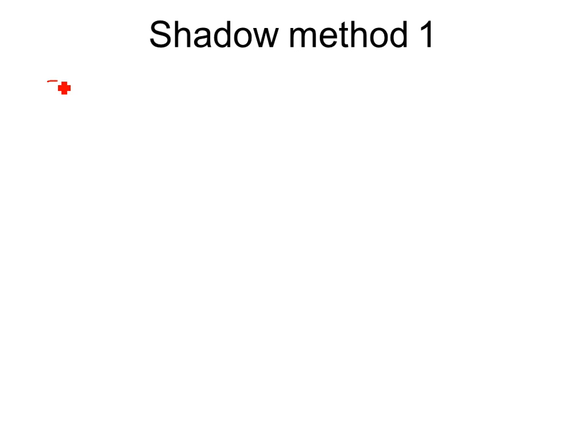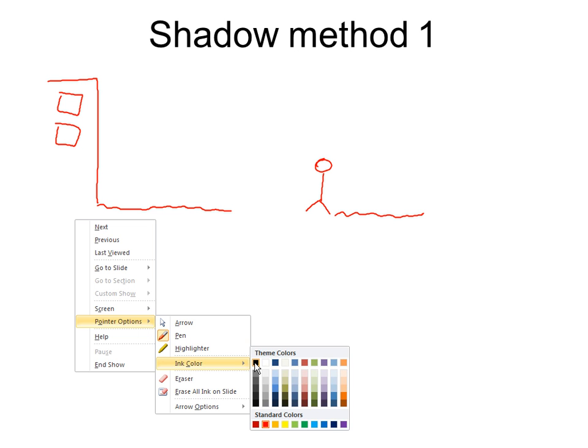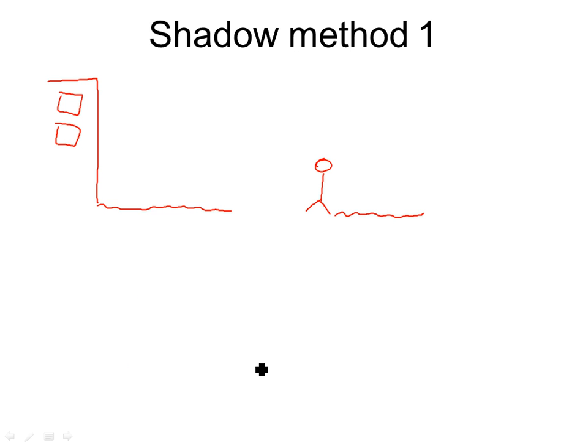And I'll just draw a picture here. If I have a building, maybe I'm trying to find the height of that building. That building has a shadow, and I'm standing over here, and I have a shadow. Well, what's formed here is the sun's rays.